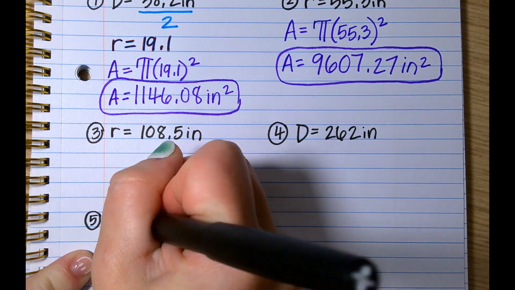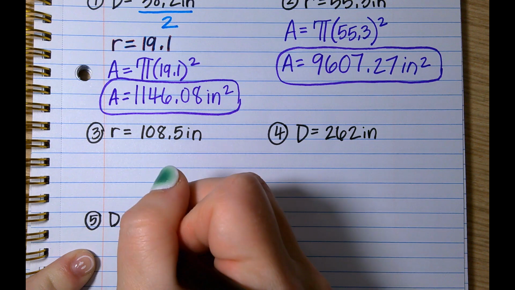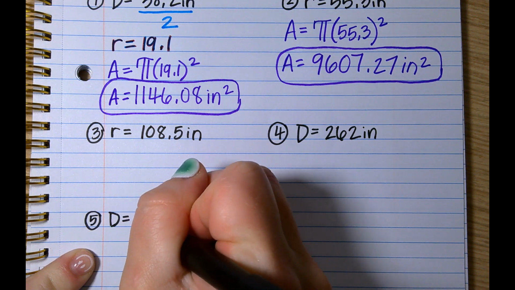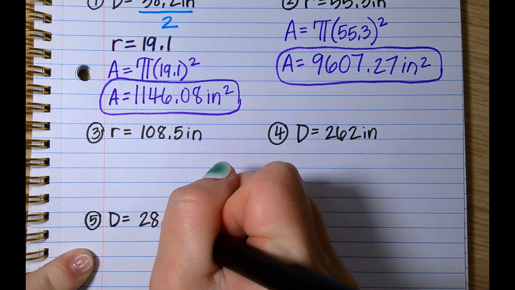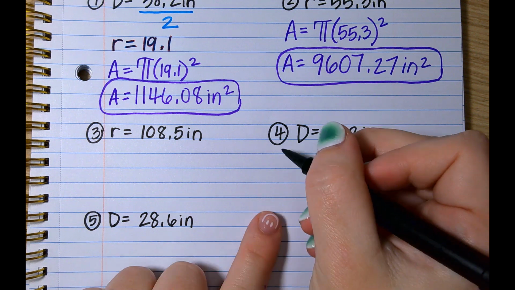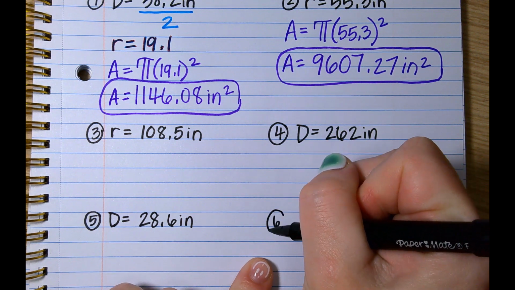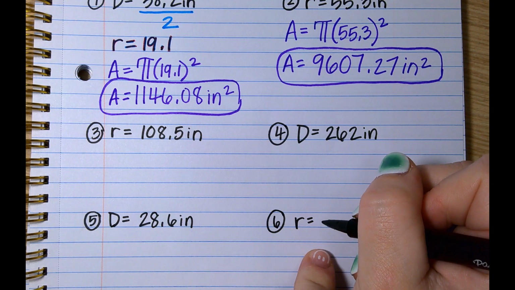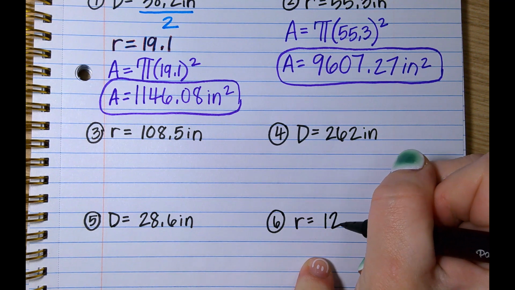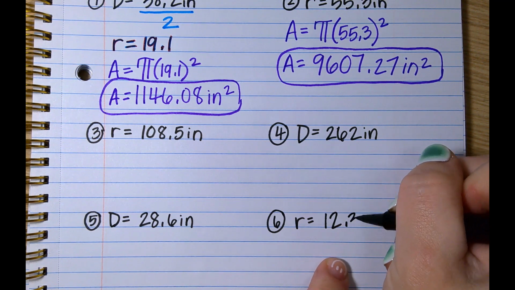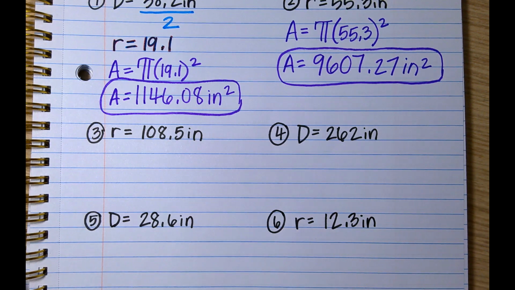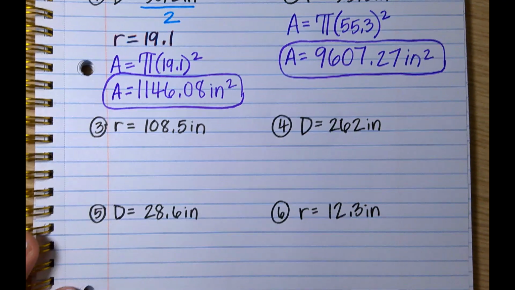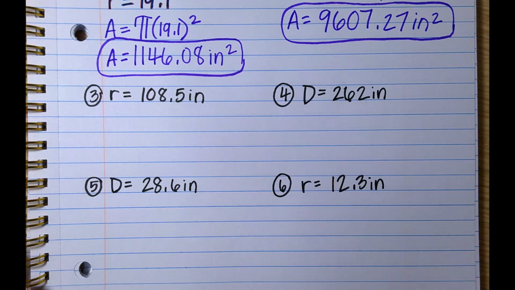A diameter of 28.6 inches. And a radius of 12.3 inches. Okay, so I want you now to find the area of the 4 circles described here.